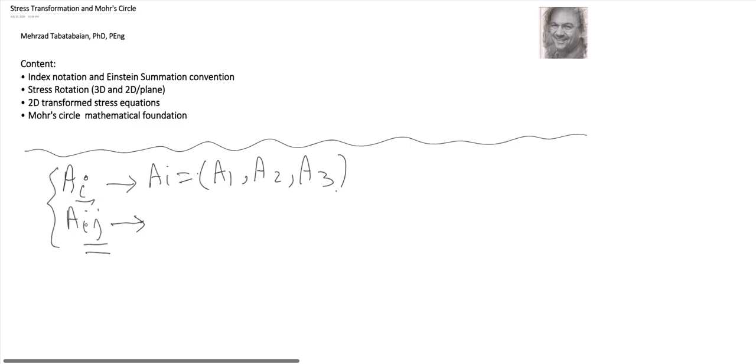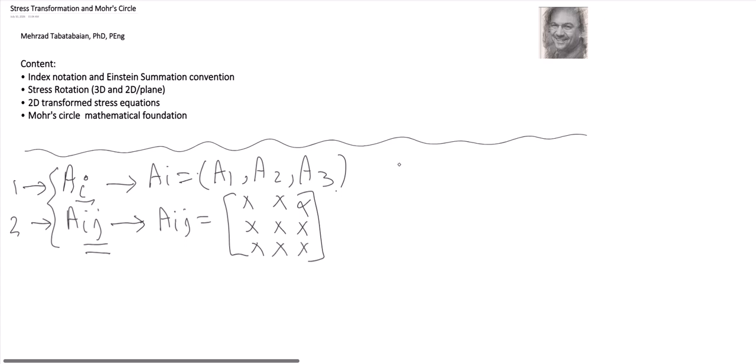Technically speaking, any quantity is a tensor, but the order is different. This is the tensor of first order. This is tensor of second order, number of free indices. And then here, usually we represent this by a 3 by 3 matrix, and so on. So that is a given.